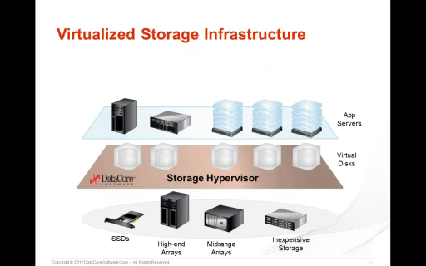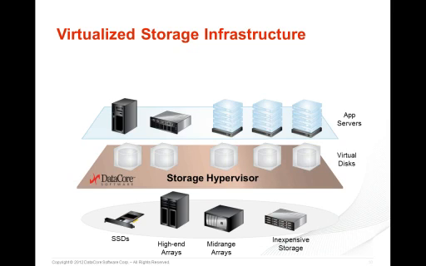So SAN Symphony V is a storage hypervisor layer that sits between the underlying disk and the applications. Now, those apps could be virtualized or not. With tier 1 critical apps, it may be better to keep them on their own standalone servers, which traditionally have their own direct attached disk.